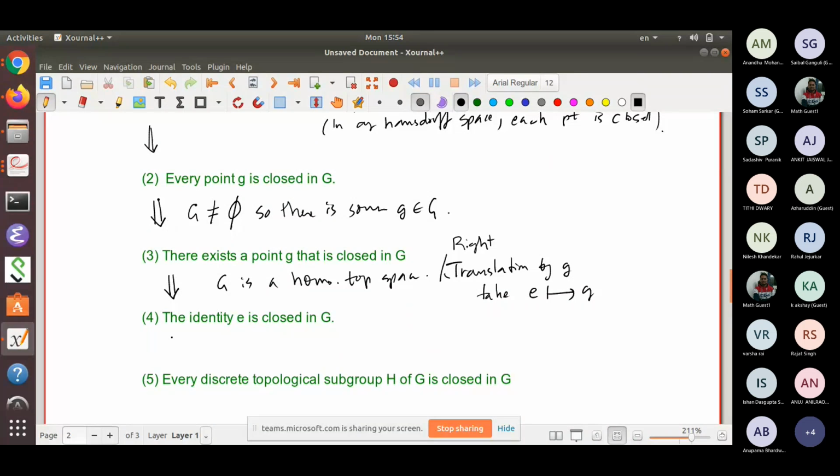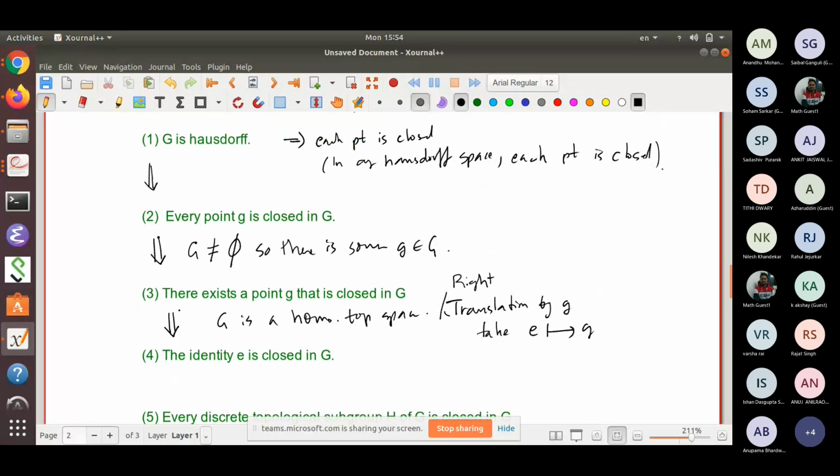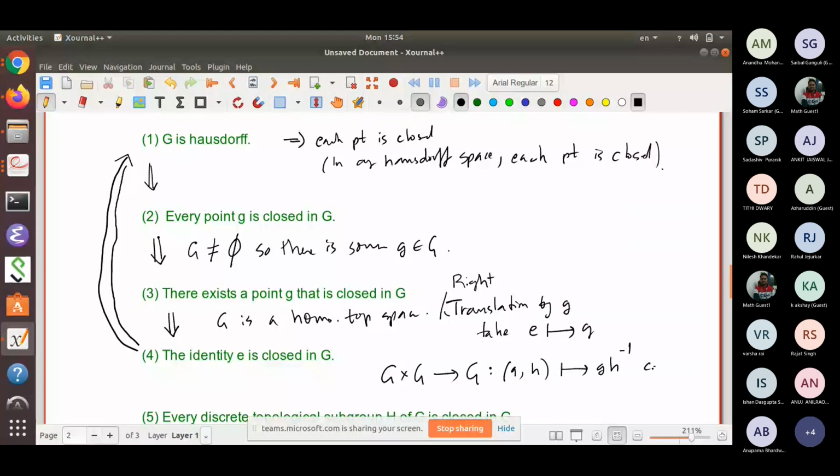Now I am going to show that this implies this again. If the identity is closed, then G is Hausdorff. How do I know? Because I consider the map G cross G to G, sending (g, h) to g h inverse. This is continuous.